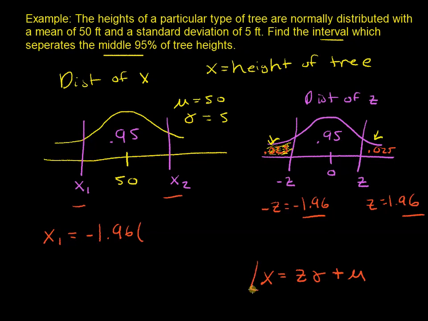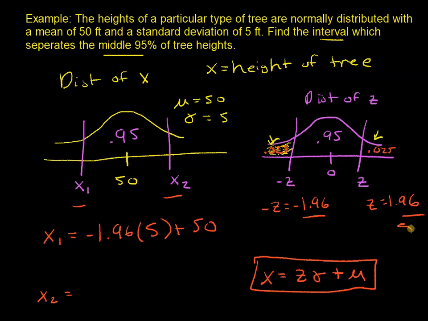So x1 is negative 1.96 times 5 plus 50, and x2 is positive 1.96 times 5 plus 50.